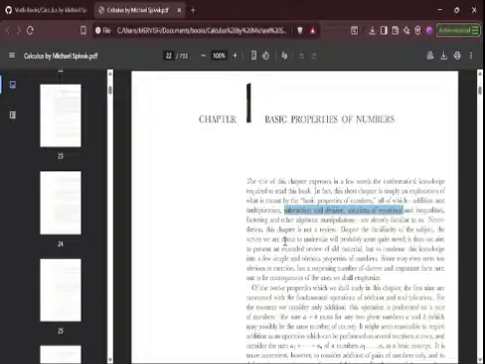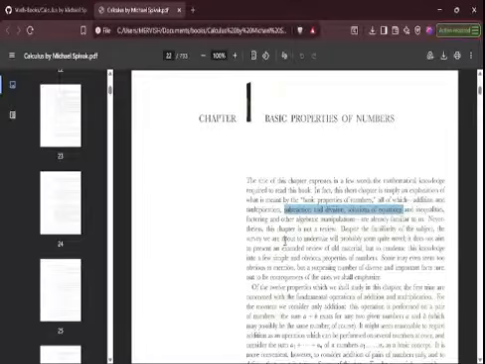Some may even seem too obvious to mention, but a surprising number of diverse and important facts turn out to be consequences. Of the 12 properties we shall study in this chapter, the first 9 are concerned with the fundamental operations of addition and multiplication.